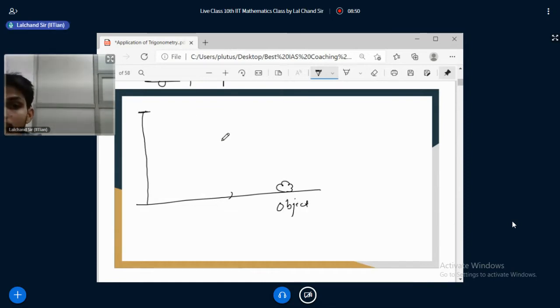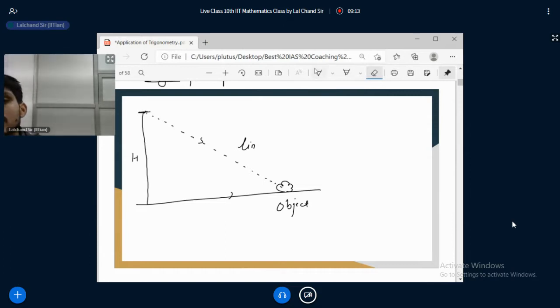If this person is seeing this object from this point, if the person looks at the object from this height, let's suppose this height is h, then this is the line of sight.